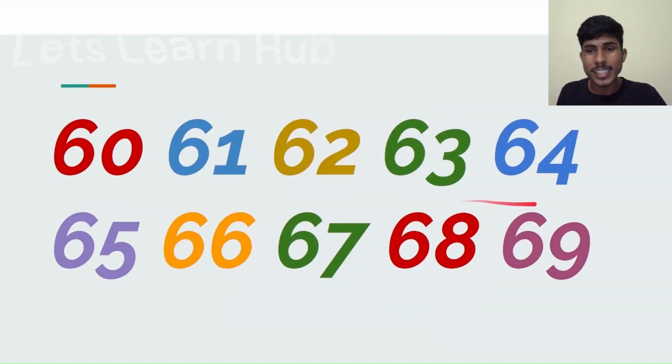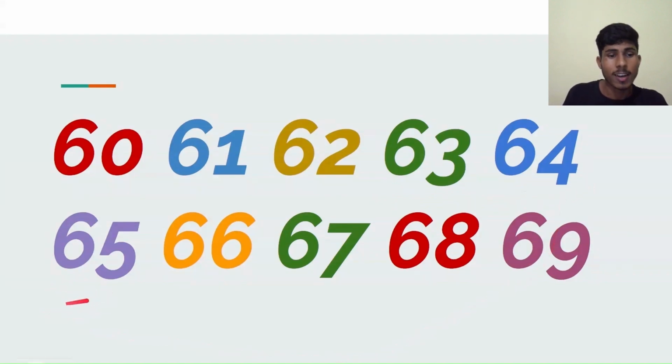So you'll get these numbers. This is 60, 61, and this is 62. And now next number is 63. This is 63. This is 64. This is 65, and this is 66, and this comes 67.